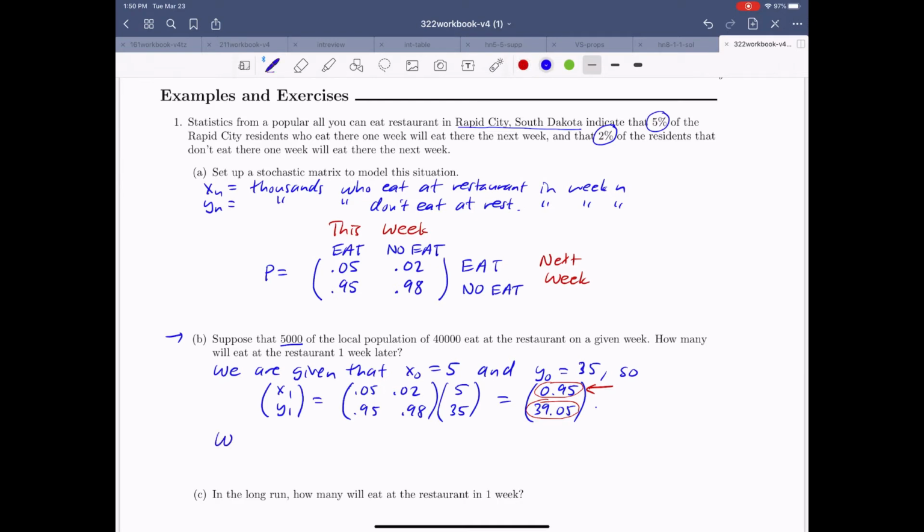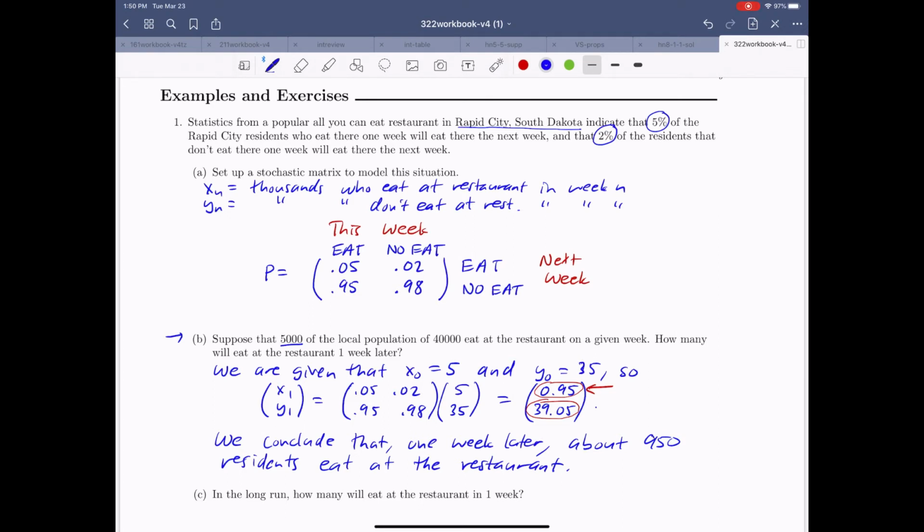So we conclude that 1 week later, about 950 residents will eat at this restaurant.